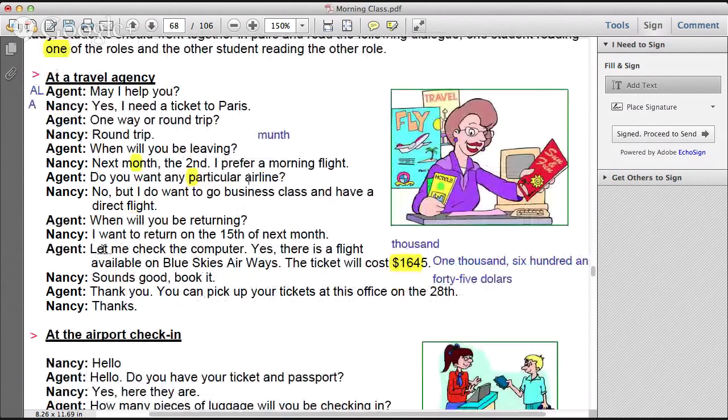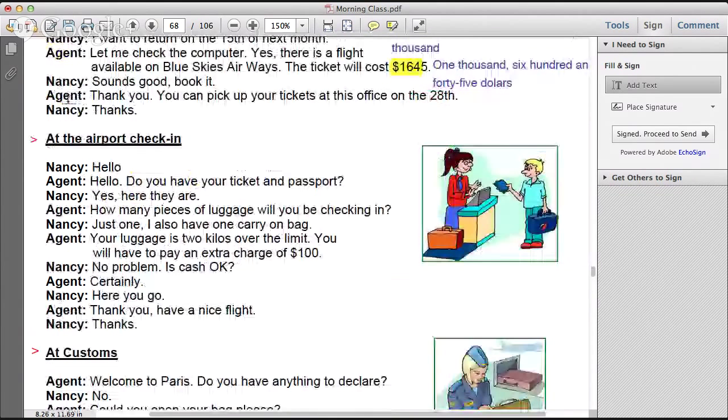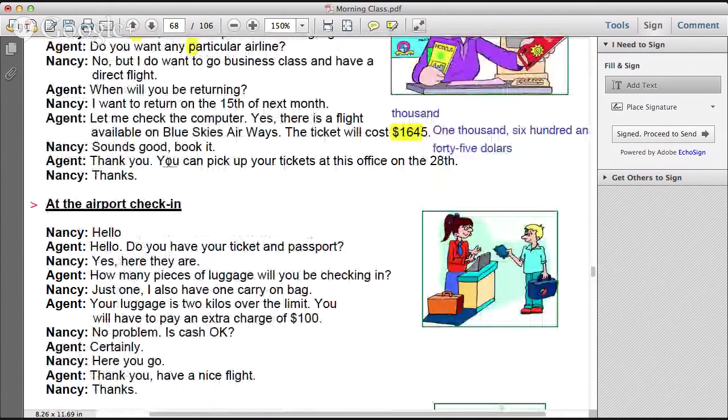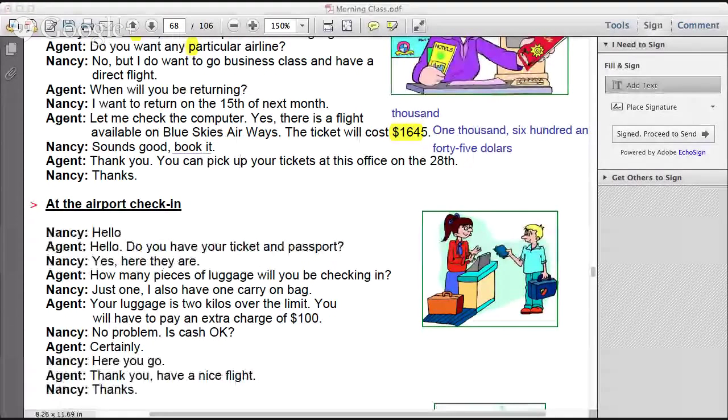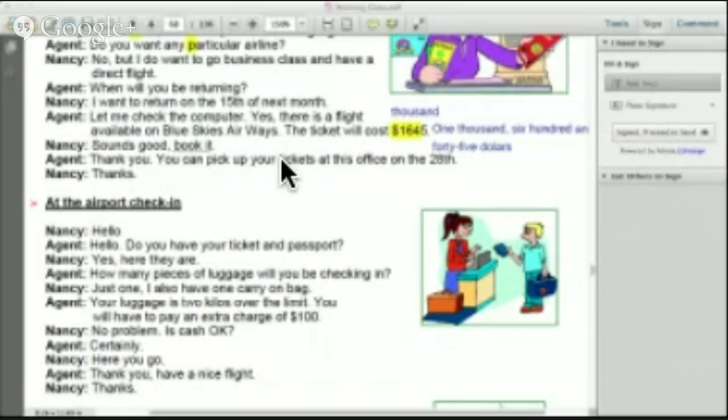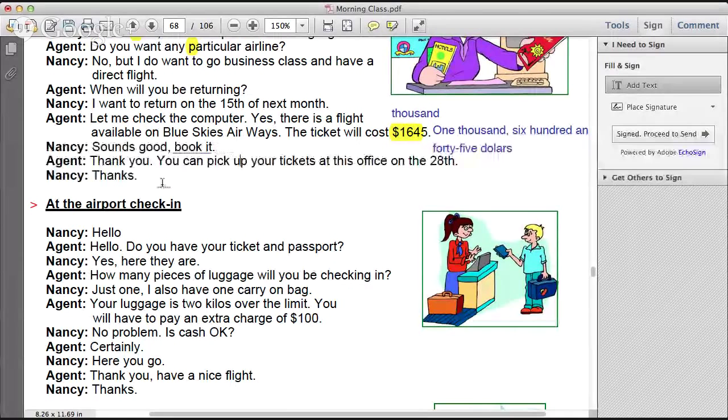All right, let's come down here. We're going to practice an airport check-in. Oh, I did want to mention this phrase right here, book it. When we have the phrase book it, that means yes, I'll take it. You could say sounds good, yes, I'll take it, or I'll get it.